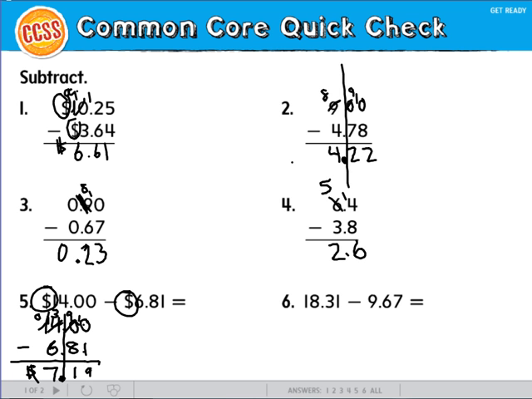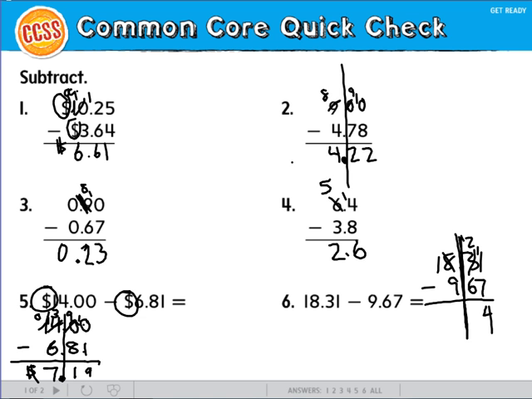Okay? And we're going to rewrite this over here. 18 and 31 hundredths. Subtract 9 and 67 hundredths. Remember, my line represents my decimals. Okay? 1 subtract 7. Can't do it. 11 subtract 7. 4. 2 subtract 6.